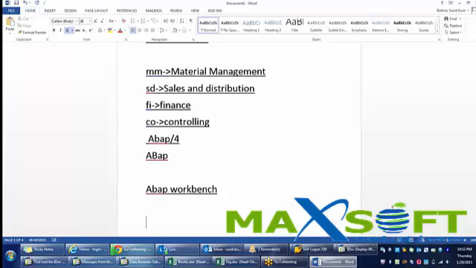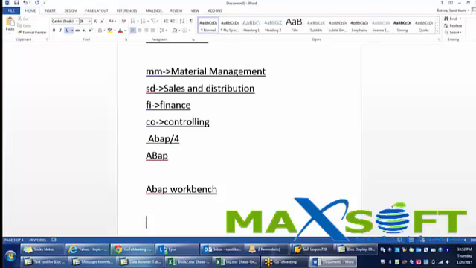So ABAP is the core language used on the ABAP workbench to develop or modify the applications required for SAP R/3. ABAP is a trademark language of SAP AG. No other organization can use this language without taking a license and prior permission from SAP AG.